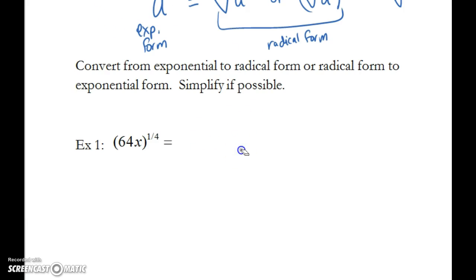We are being asked to convert it to radical form. So if we convert it to radical form, notice the 64 and the x both get the 1/4 power on it. So 64 and x both go in our root symbol. And 4 becomes our index. And 1 is our exponent. Now you don't need to write a power of 1. So it's the 4th root of 64x.